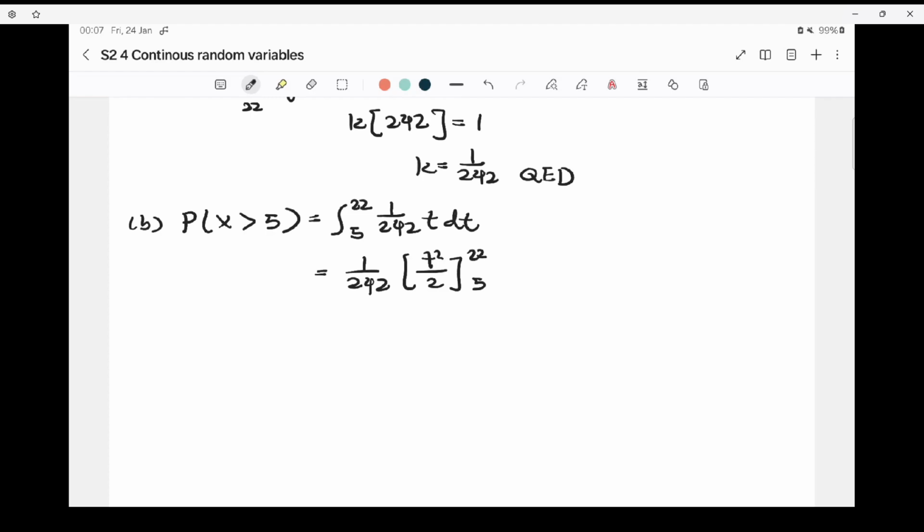So this gives us 0.9483. Or if you want to write it as a fraction, this will be 459/484.